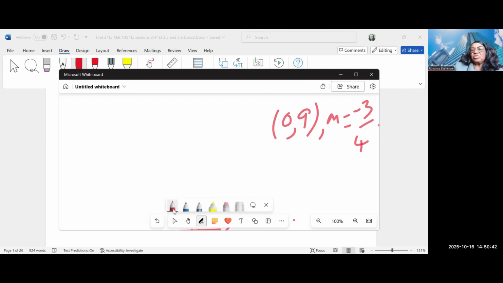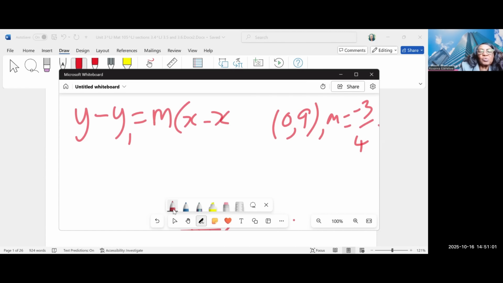But if you continue to try, then anyway, whenever you're given a point and slope and you're told to find the equation of a line, you want to start from the point-slope formula: y minus y1 is equal to slope times x minus x1.